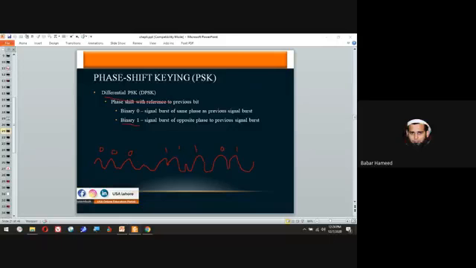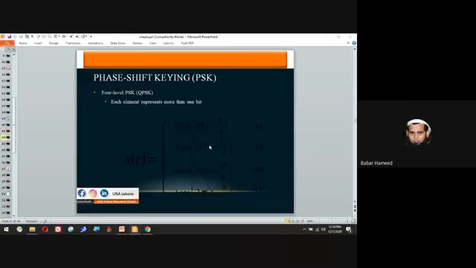We can also use multiple level PSK. The basic one of them is 4 level PSK. It is a more efficient usage of bandwidth, and it can be achieved if each signaling element represents more than one bit.